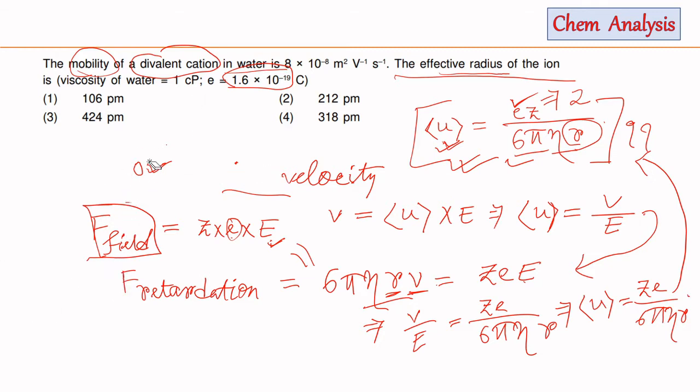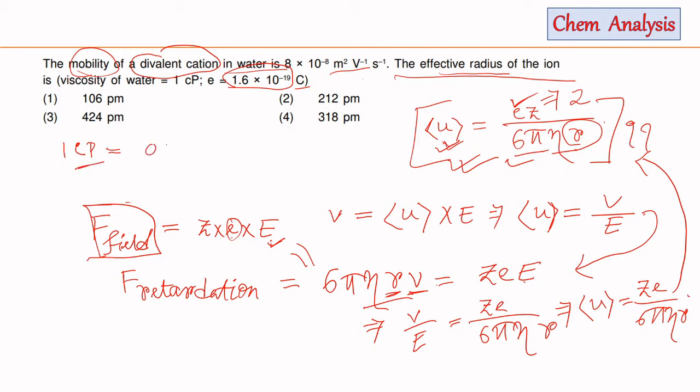I am just erasing this here. Now poise is the CGS unit of viscosity. Since all the given values are in SI units, we have to transform this CGS unit to the SI unit of viscosity.